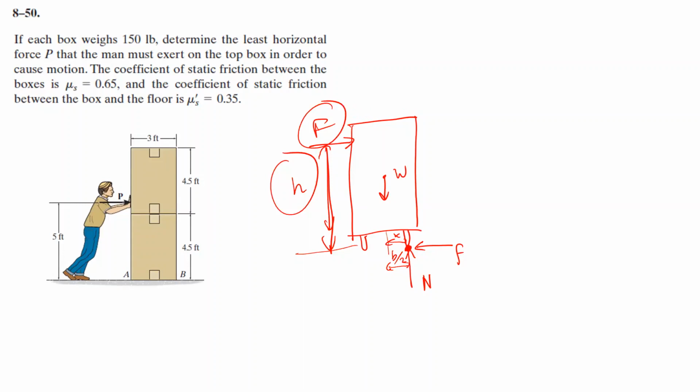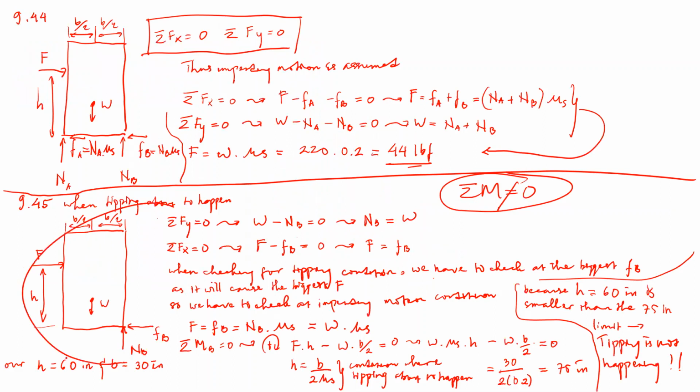So this is our B over 2. So if H is already known and F is already known, you can calculate for X. So for this particular problem, you can calculate for X in order to see whether X is bigger than B over 2 or not, because the F value and the H value are already known.